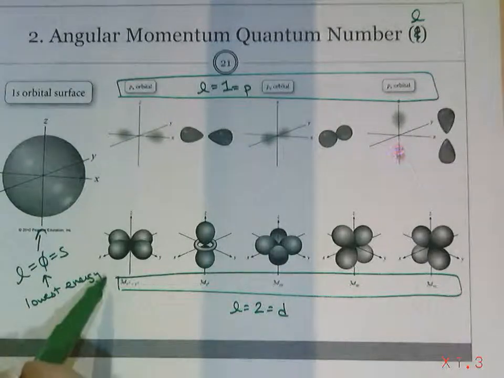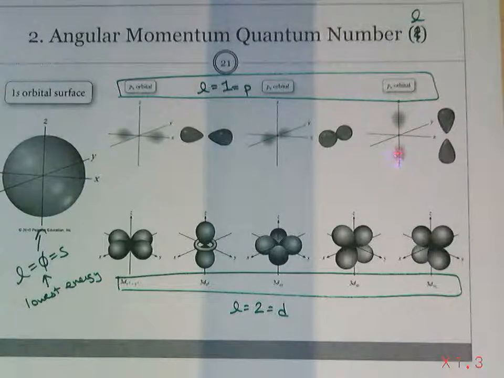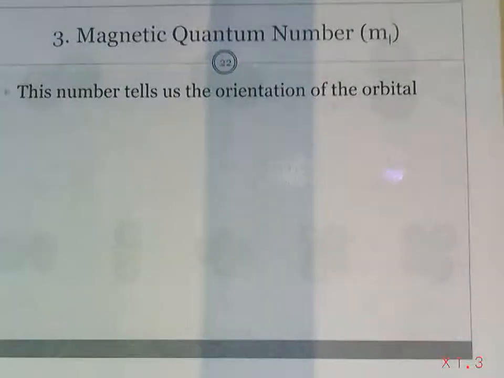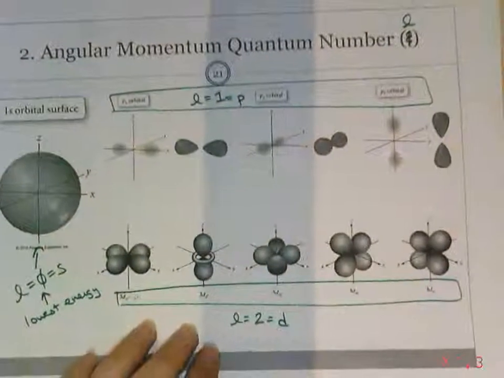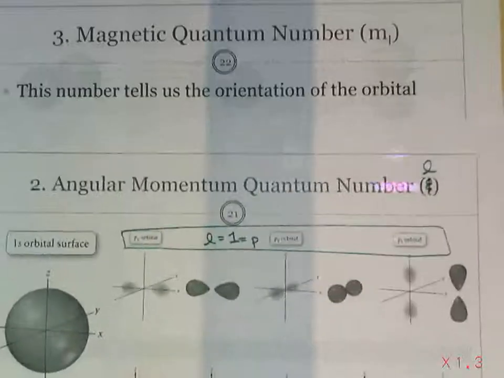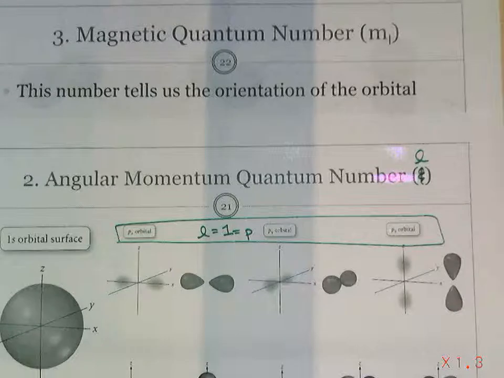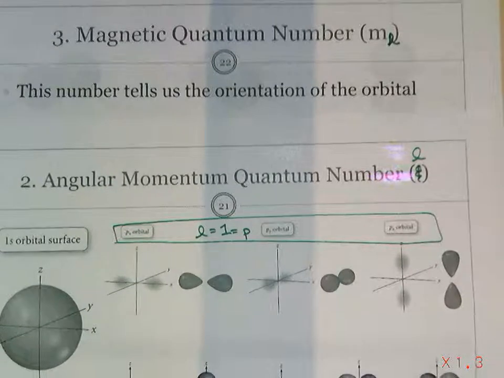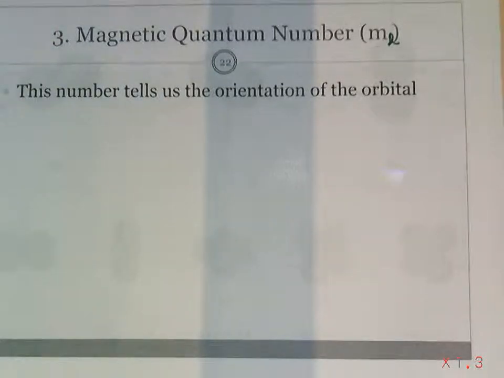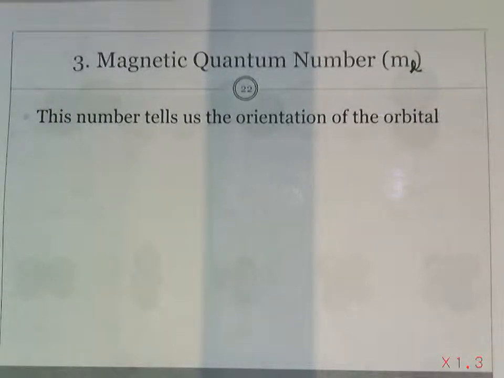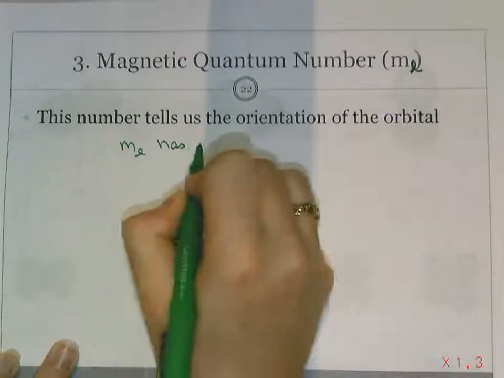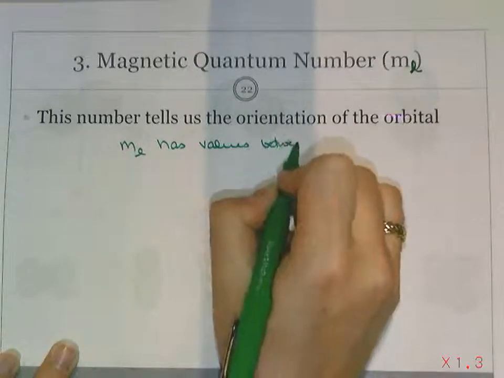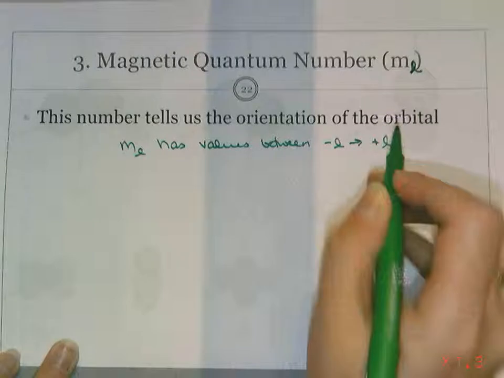All right. That's n. The magnetic quantum number, m sub L, tells me the orientation of the electron.